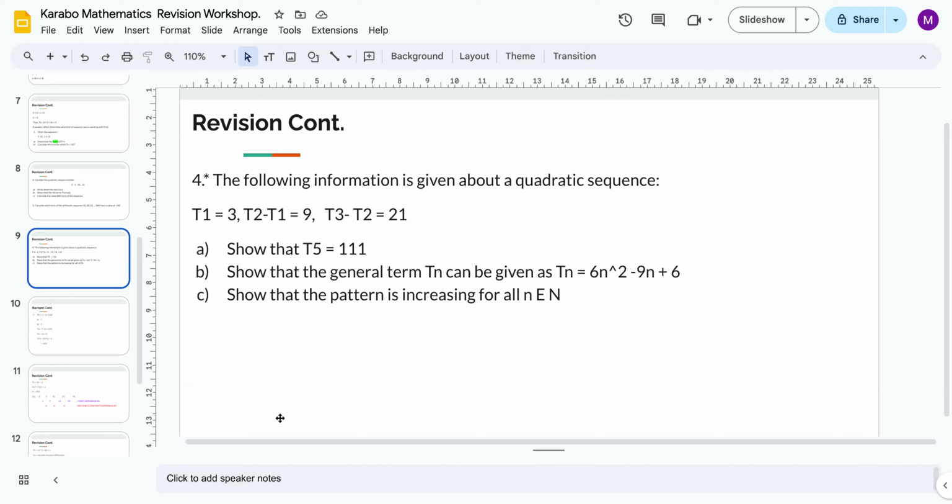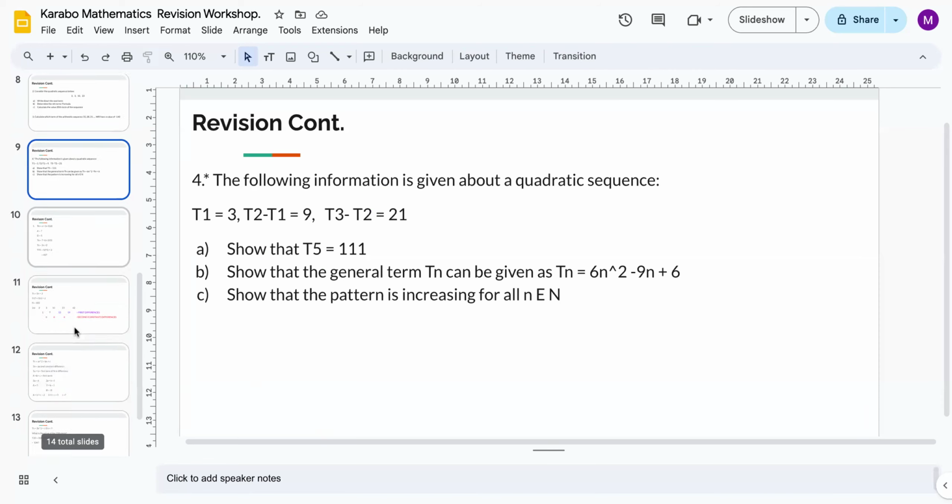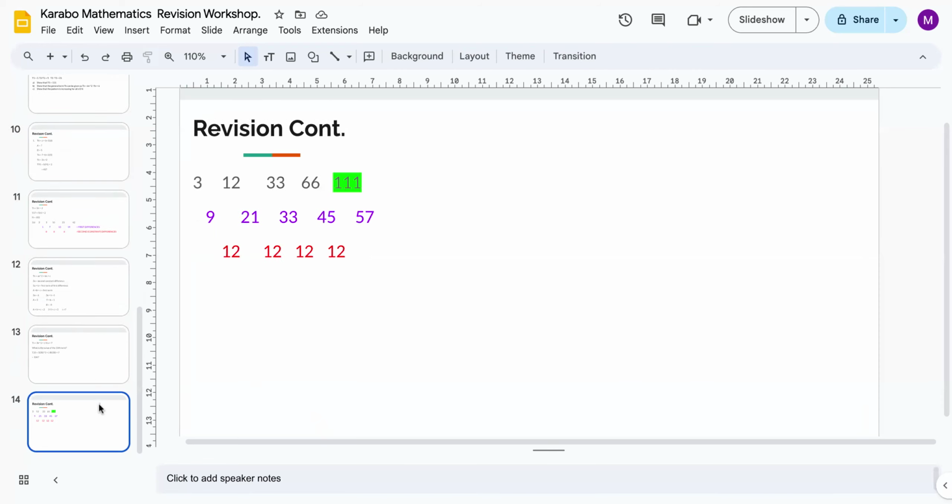Show that the general term Tn can be given as Tn is equal to 6n squared minus 9n plus 6. At this point, we've done this quite a bit before, so I'm only going to give you guys 2 minutes to quickly try and work that out or think about the answer. So from our framework over here with our first difference and our second difference, try to derive the general term.